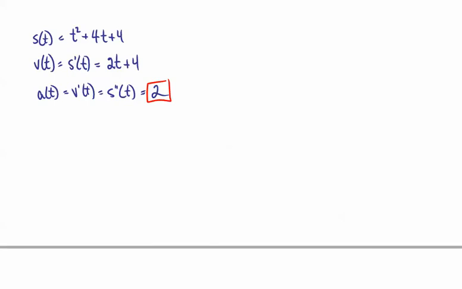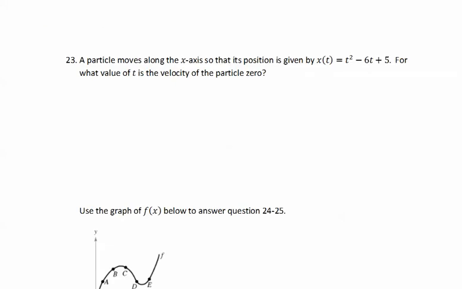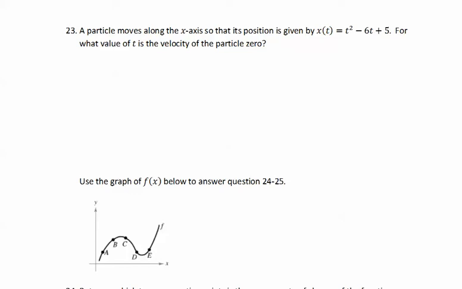We'll continue one more of these here before we break for the next video. A particle moves along the x-axis so that its position is given by x of t is t squared minus 6t plus 5. For what value of t is the velocity of the particle 0?